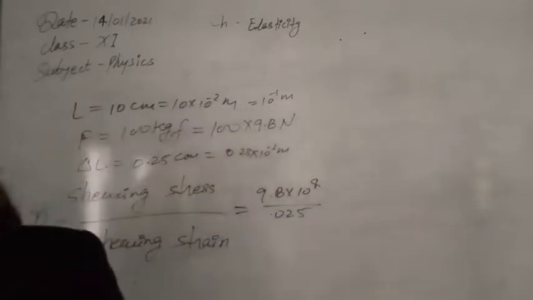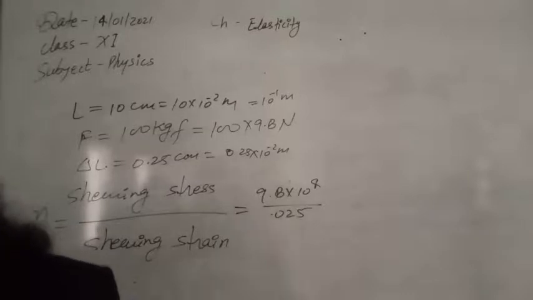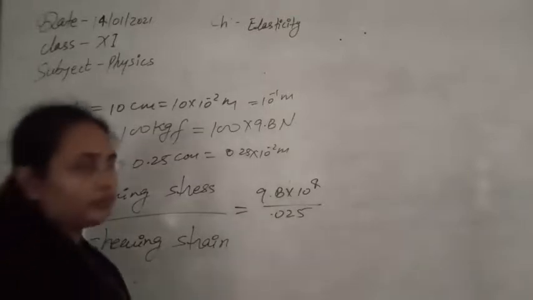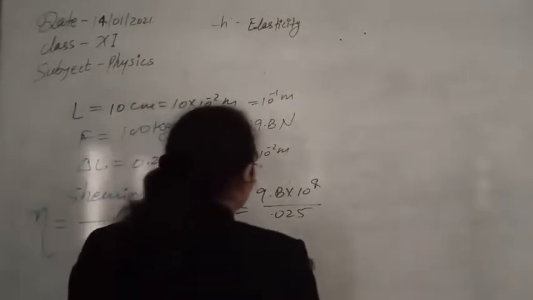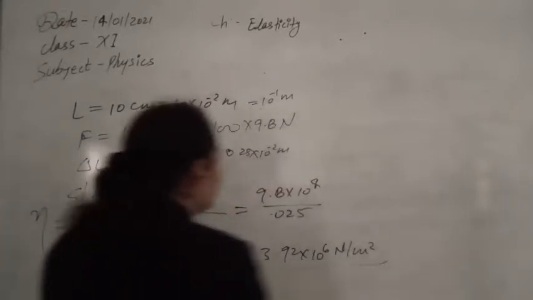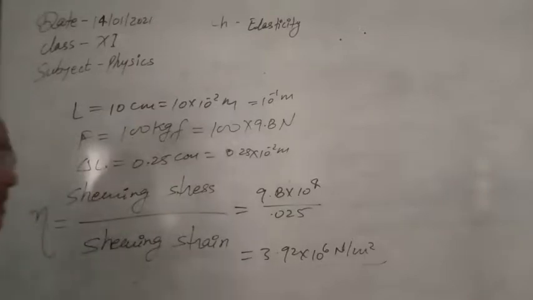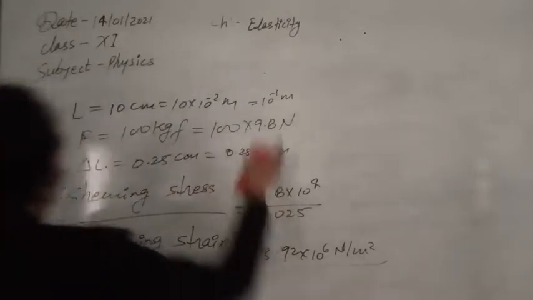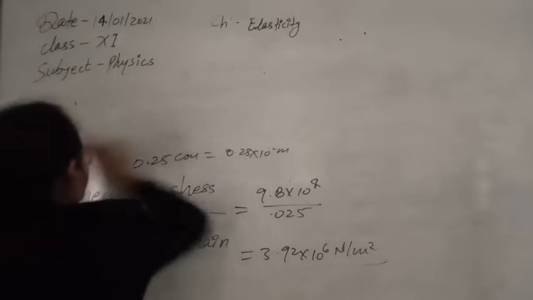You can solve it easily by yourself, and the answer is 3.92 into 10 to the power 6 Newton per meter square. This is the answer for the question. So one by one, by using the data and the formula, you can solve the question.